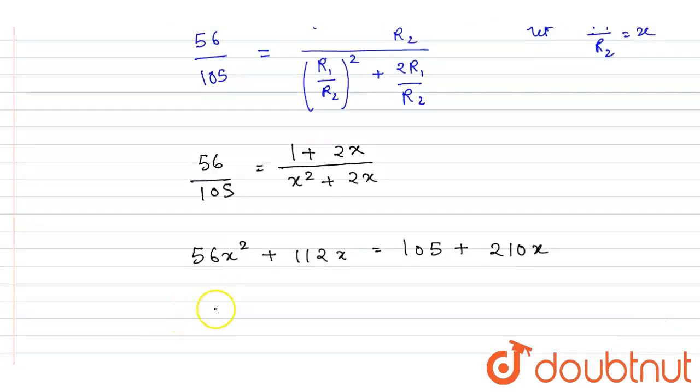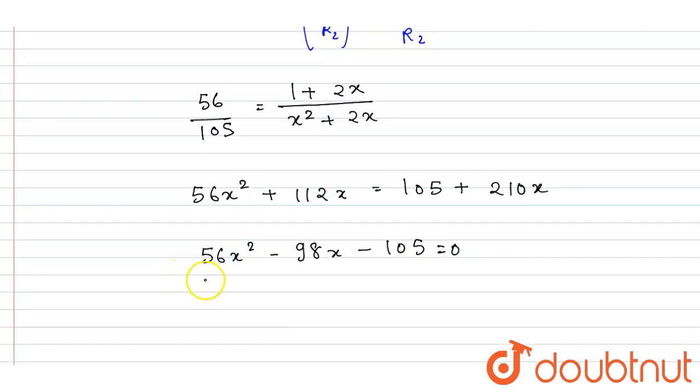Take all the terms on one side. I will write 56x square, now 112 minus 210, it is 98x, minus 105, is equal to 0. So this will be the equation. Now you can solve it to get the x value.